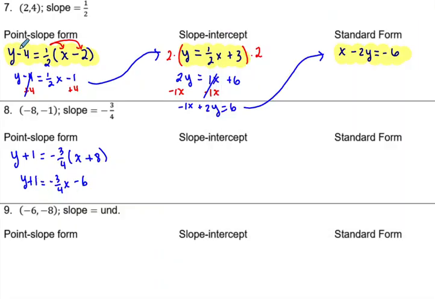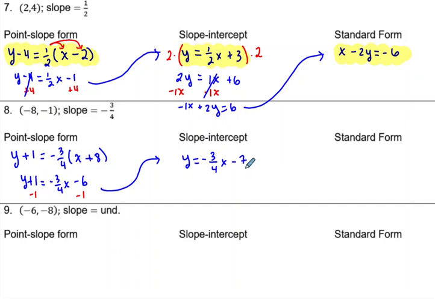And then last step, subtract 1 on both sides of the equal sign, and then I'm going to write my answer here. So it's going to be y equals -3/4 x. -6 minus 1 is -7.